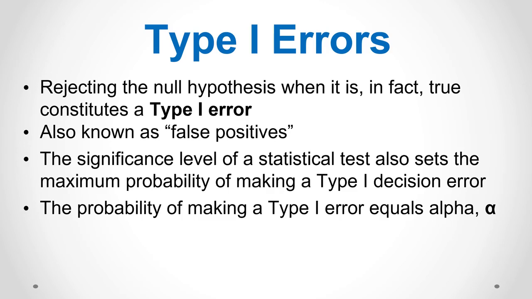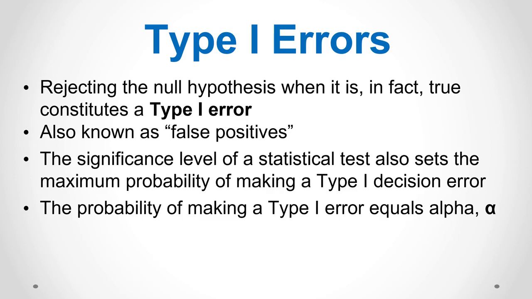Type 1 error is the probability of rejecting the null hypothesis when it is in fact true. Type 1 errors occur when the sample data appear to show an effect when in fact there is no effect or difference. In this case, the researcher will reject the null hypothesis and falsely conclude that there is a difference or effect.